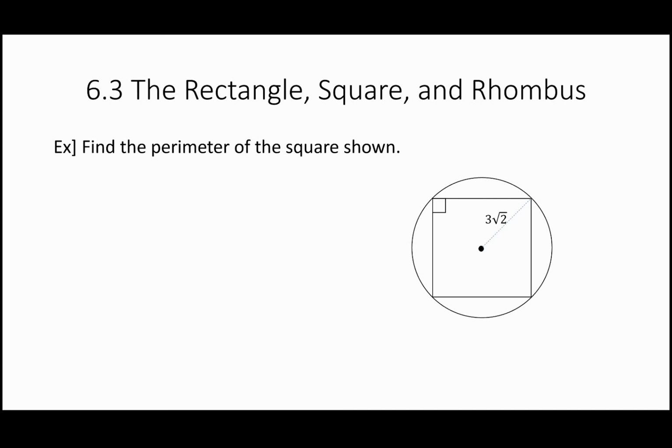But without further ado, let's go ahead and find the perimeter of the square shown. The square, of course, is inscribed inside of a circle. Not that we know very much about circles in this class as far as the curriculum is concerned, but I do want you to note that the dashed blue line right here appears to be the radius of the circle.